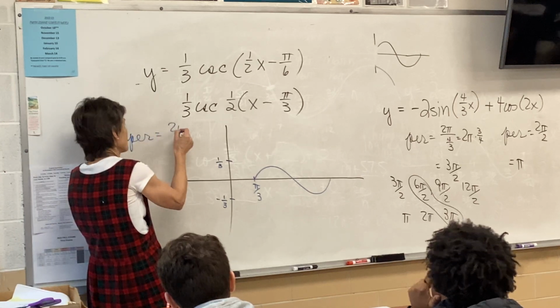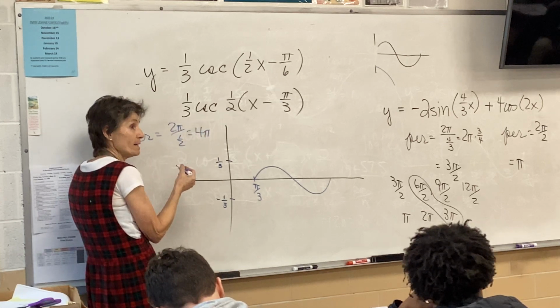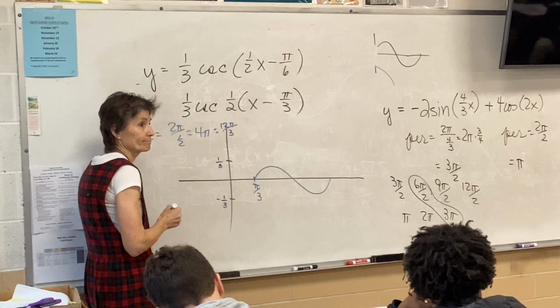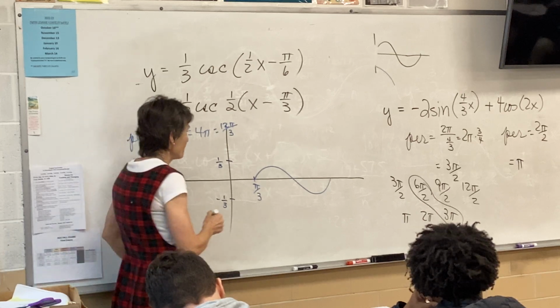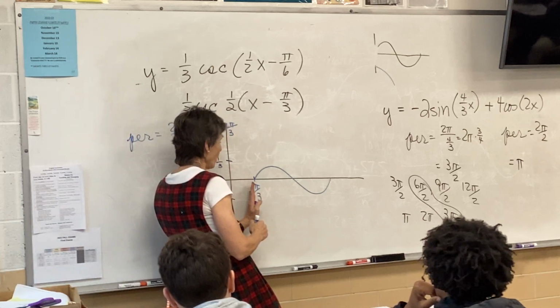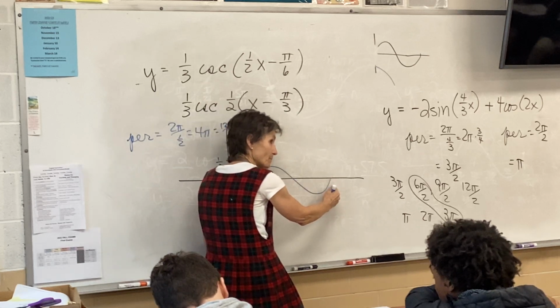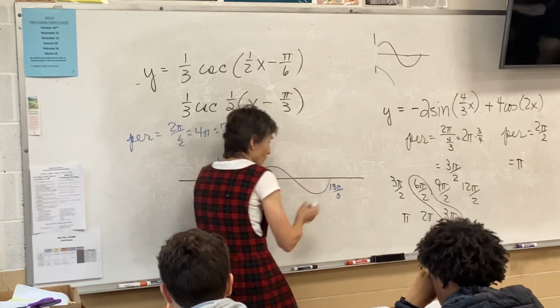The period is 2 pi over 1/2, which is 4 pi, or 12 pi over 3. It might help to think of it as 12 pi over 3, because I'm starting at pi over 3 and traveling 4 pi. So where will that put me? 13 pi over 3, yep.